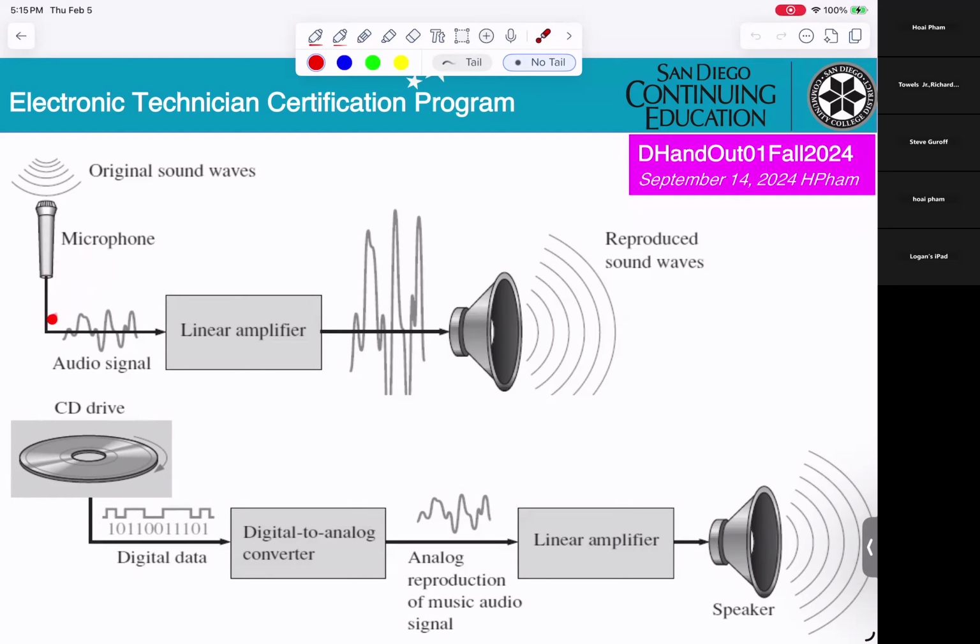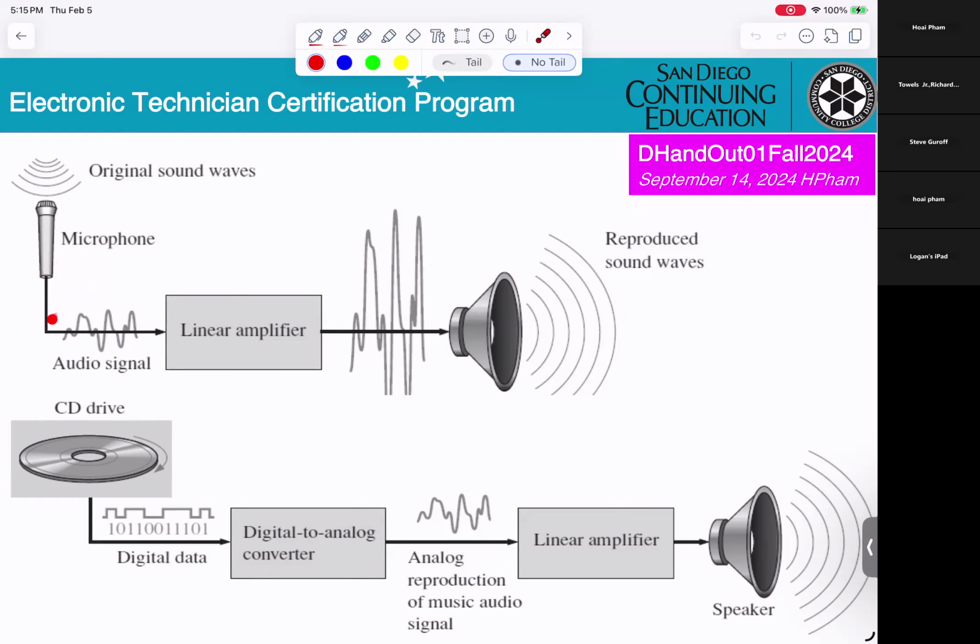For now, you can see a signal from a CD coming out. It will be a binary number, 1011, whatever. That's what they call digital data.